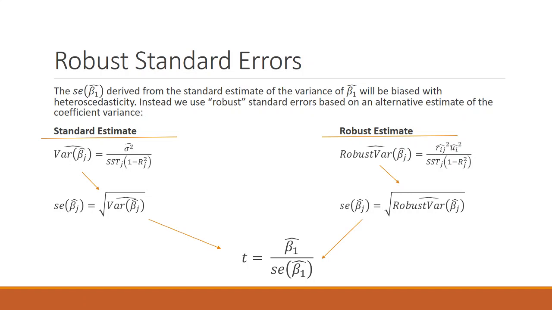It's an unbiased estimate. All right. And so what we do is we estimate the variance using this robust calculation, then calculate the standard error from it, and then use the standard error to calculate the t-statistic, and then we will have eliminated the heteroskedasticity problem.